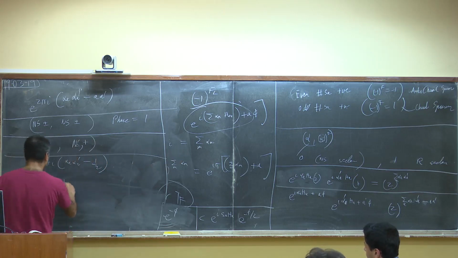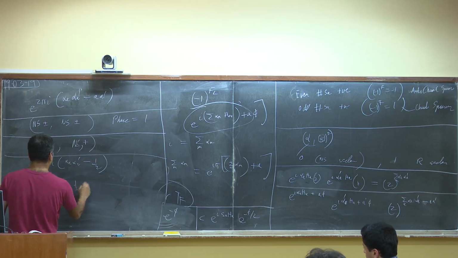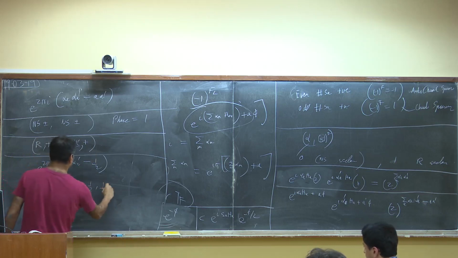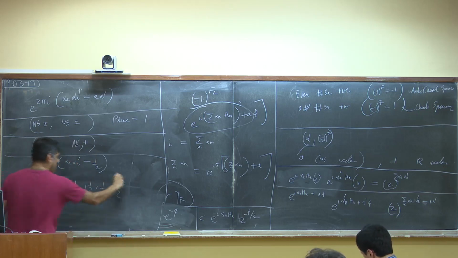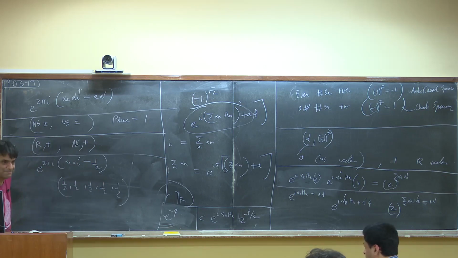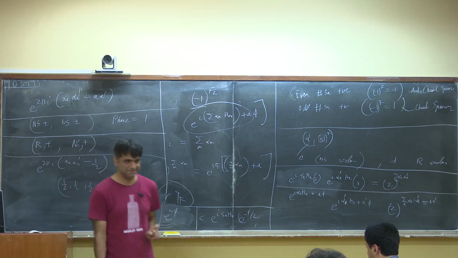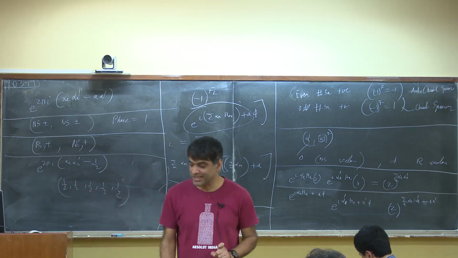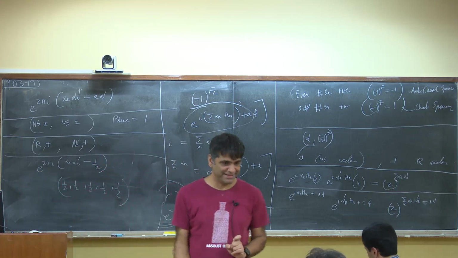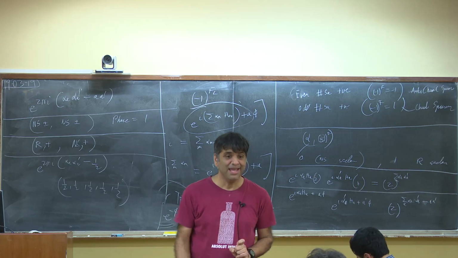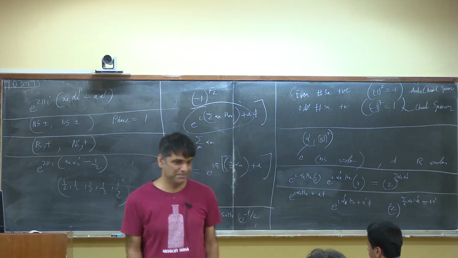Now we want NS plus. You see, because of this factor, the vacuum is in the minus. So the simplest NS plus state is one psi turned on.